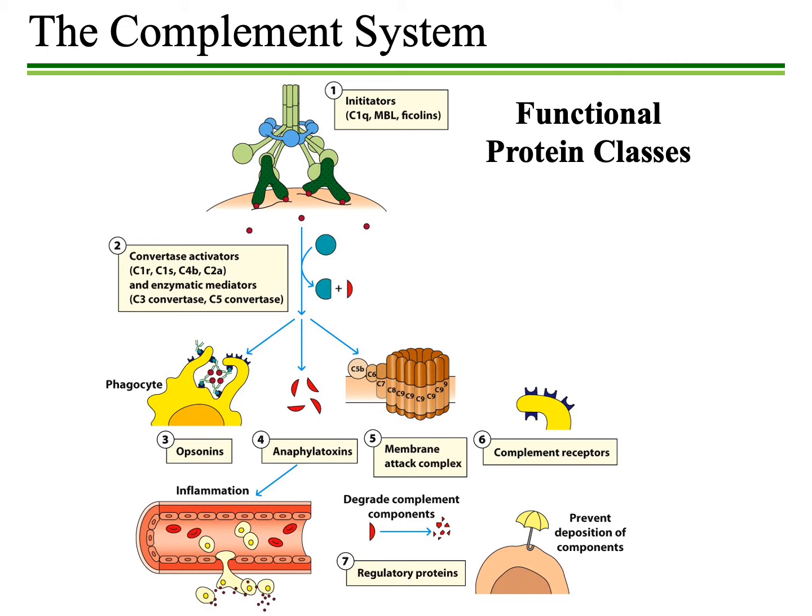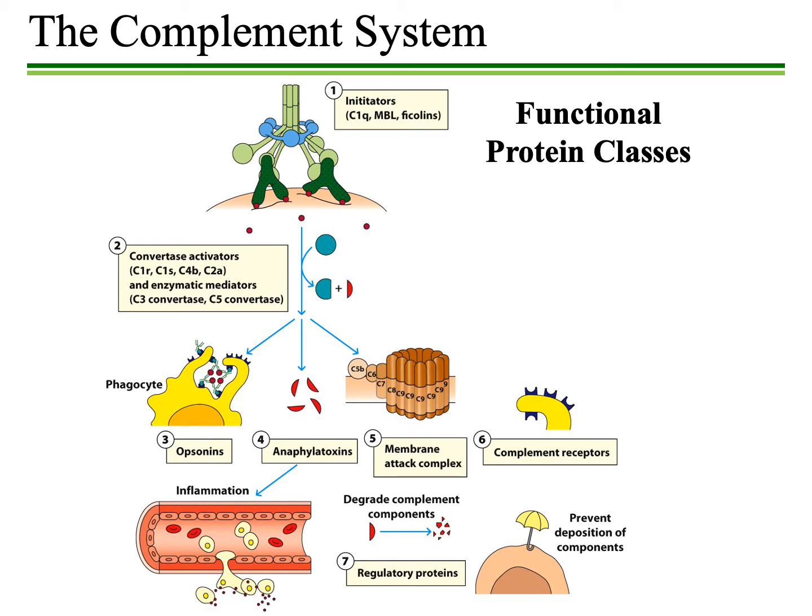What you can see here are the 7 broad categories of functional protein classes that individual complement system proteins can fall into. The first one, or category number 1 at the top of the slide, are those proteins that are considered initiators. These are proteins that are involved in activating the complement system.